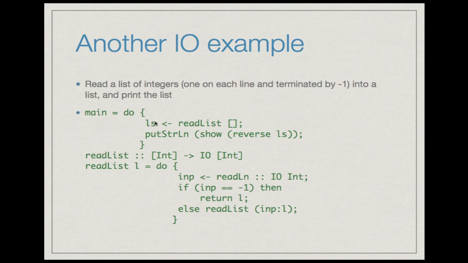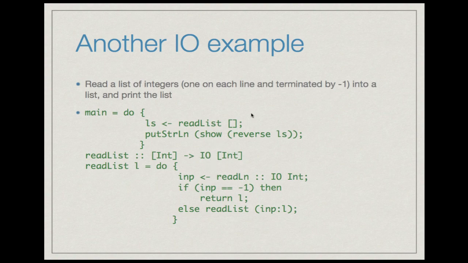main equals do, ls is readList. ls is the return value of readList on the empty list. So readList is a function. We are providing the empty list as an input to readList. It is of type [Int] arrow IO [Int].